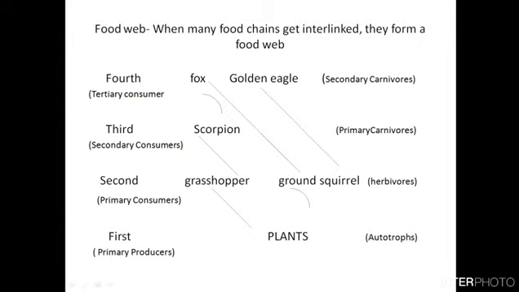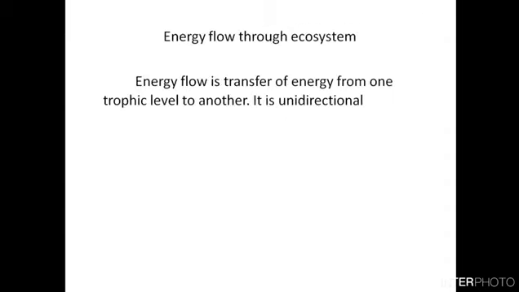Then the scorpions can be eaten by the fox, or directly the ground squirrel can be eaten by the golden eagle. So fox here comes under the fourth level, and they are known as the tertiary consumers, and we can say they come under the secondary carnivores.